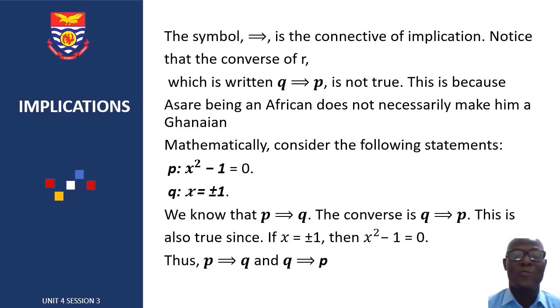Now, its converse, Q implies P, is also true, since if we substitute x is equal to 1 or -1 into x squared minus 1, it gives 0. And this means that P implies Q and Q implies P.